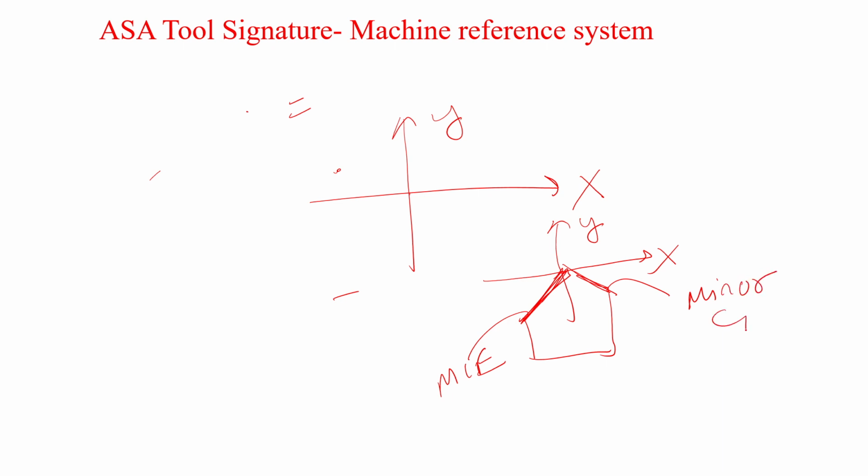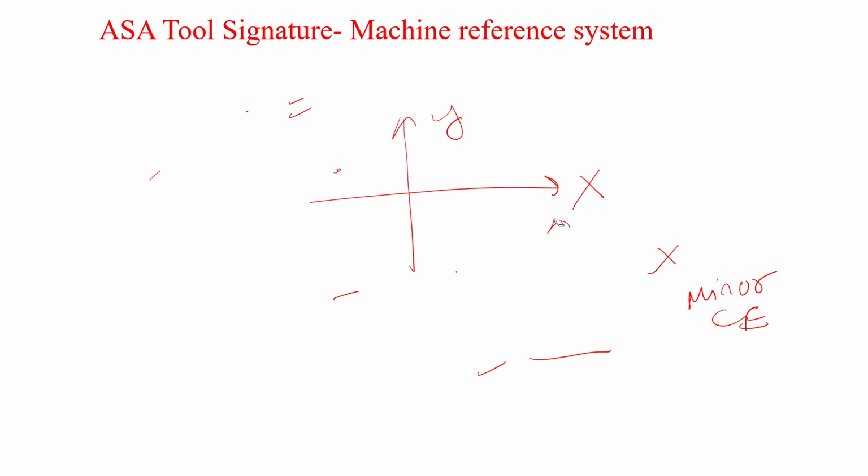Okay, the minor cutting edge. So the angle between the x axis and the main cutting edge is called the side cutting edge angle, phi s, or whatever you denote. I don't know the notations. Whatever you denote, it is called the side cutting edge angle.